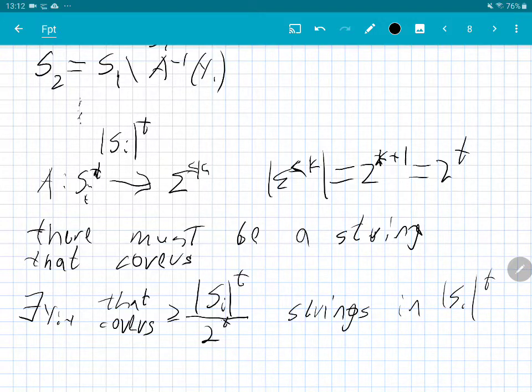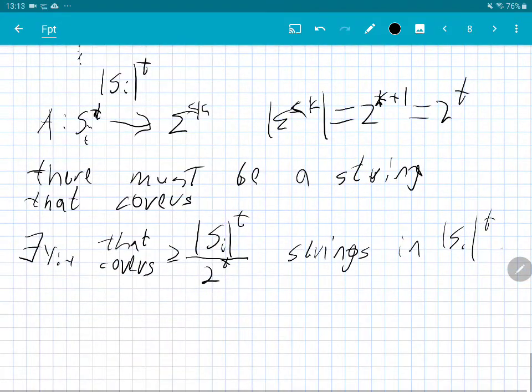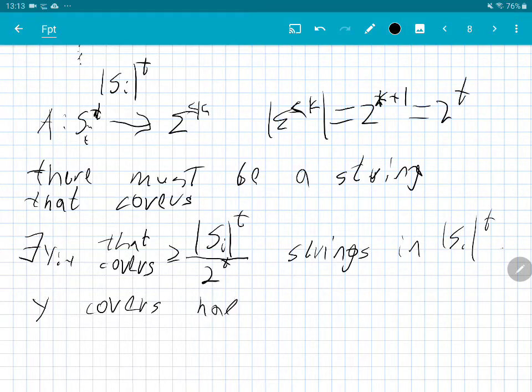Now, this is a bit confusing, but if you do the arithmetic, this really means that y covers half the strings in Si.